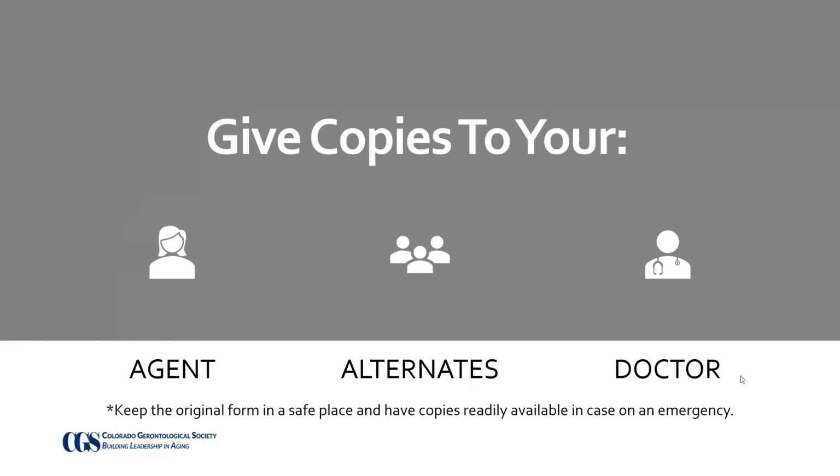So even if you've given your hospital of choice and your doctor copies, they might not have it if you have a medical crisis and they send you to another hospital that was not your hospital of choice. So just make sure that at the time of need, the copies are available so they know who your agent is, your alternates, and how to get a hold of those individuals, and what your medical preferences are for end of life.